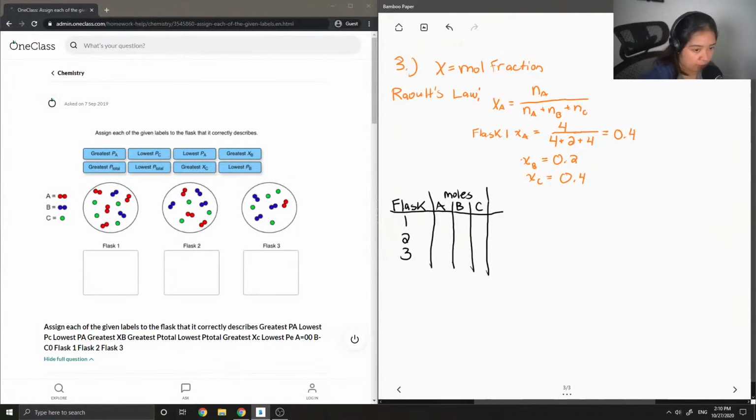And then I'll have the mole fraction, which I calculated ahead of time just to save us some time, just by using the same equation that I talked about up there. And then for my last column, I'm just going to have the total number of moles in the flask.